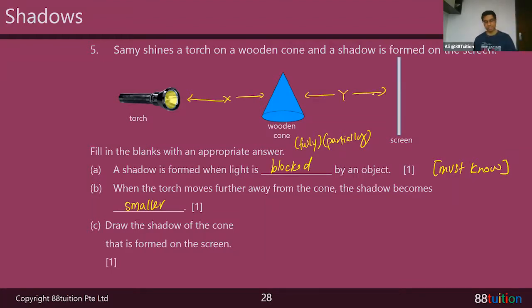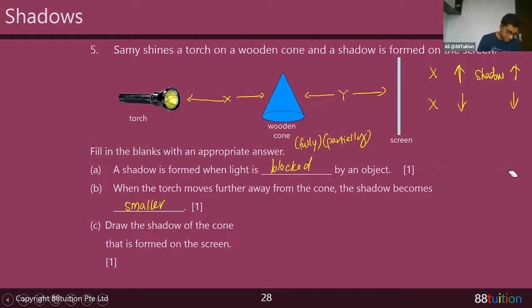So shall we do the x and y now? Okay, x and y. When the x value drops, you can see from B, when x is moved further away, that means when x goes up, then the shadow size becomes bigger. So therefore the opposite will happen. If x goes down, shadow size will go down. Understand? Then for y, let's change color.